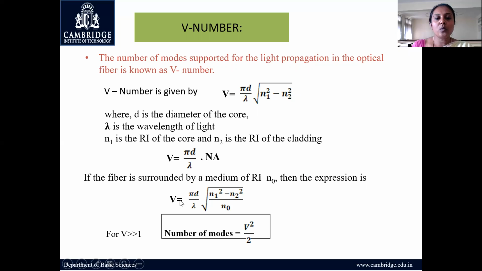So this equation we can write as V equal to pi d by lambda into root of n1 square minus n2 square. And the number of modes, if you want to calculate, will be equal to V square by 2. The number of paths is always greater than 1. We cannot imagine that there will be no path. So V is always greater than 1. So this is about the V number.